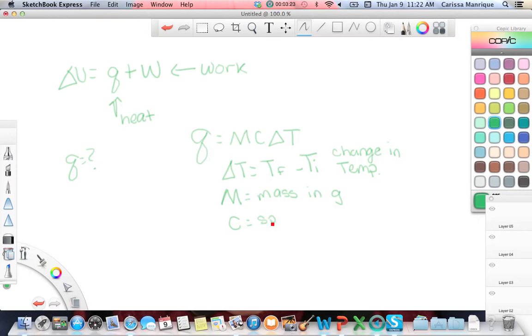We're going to call this specific energy because I think it sounds better, or specific heat energy. I'm going to abbreviate energy as NRG. This just means the energy required to heat up 1 gram of a specific substance.